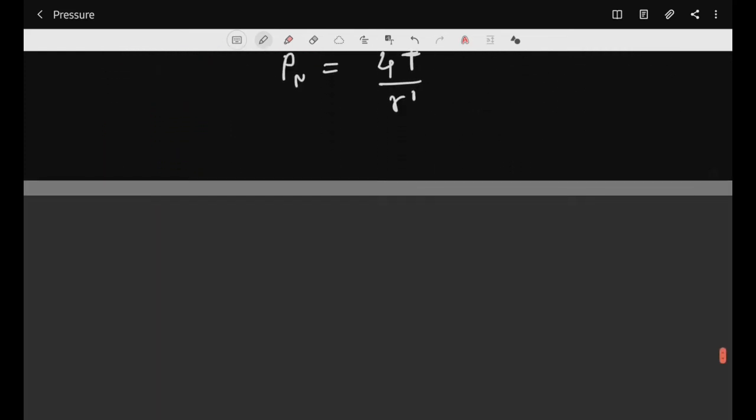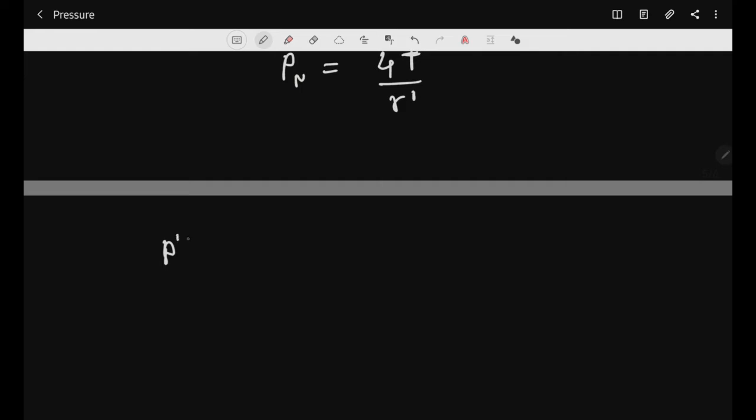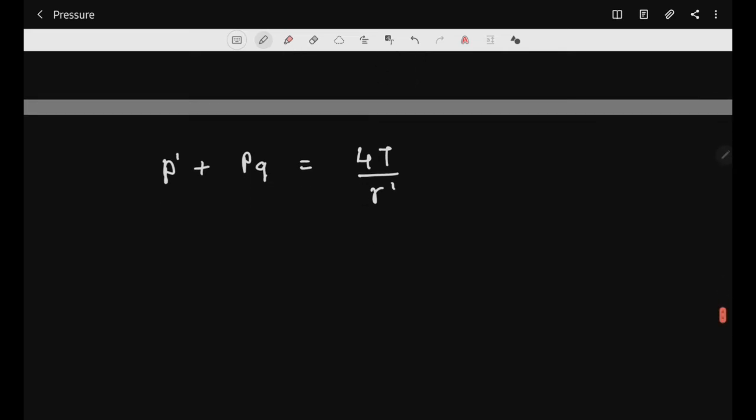So this decreased initial pressure, P dash, and the pressure due to charged particles create this net pressure, that is 4t by r dash. And this P dash we can find by subtracting: 4t by r dash minus PQ.